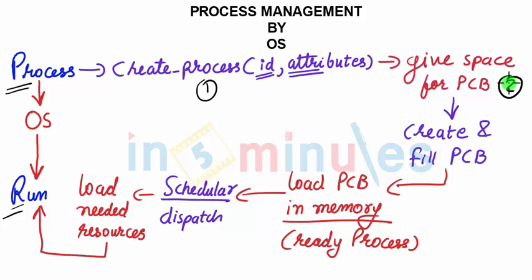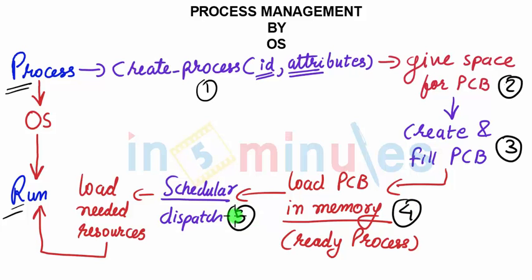So step 2 is to provide space for this PCB. Step 3 is to fill this PCB with the necessary details. Step 4 is loading this PCB in the memory area where the PCBs of all ready processes are loaded.